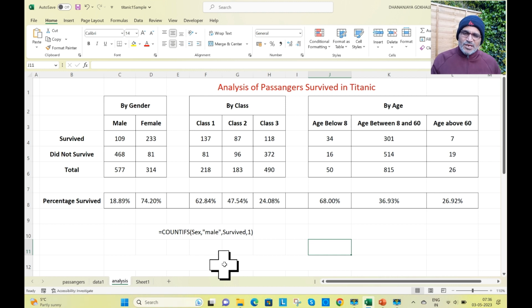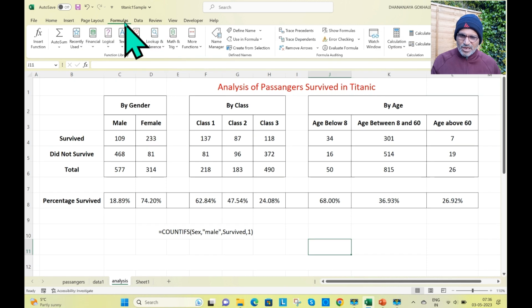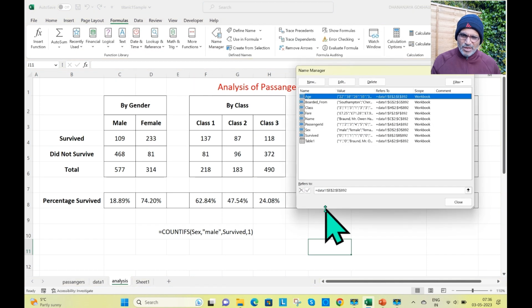So I have named all the columns by their respective column headings. As you can see, click on formulas and go to name manager, and we can see here all the columns have been named by their column headings like age, boarded from, class, fare, name, passenger ID, and so on.